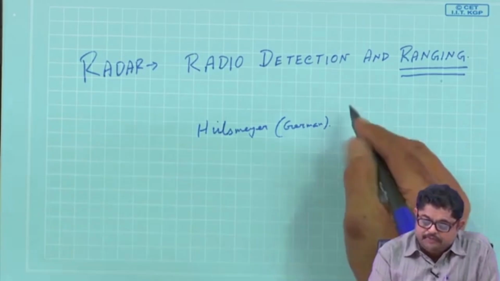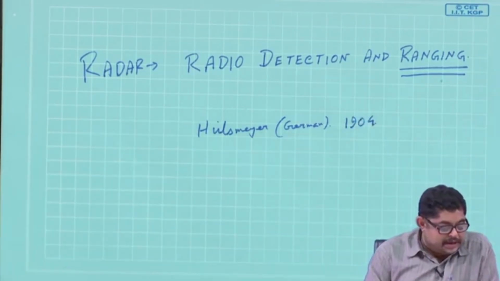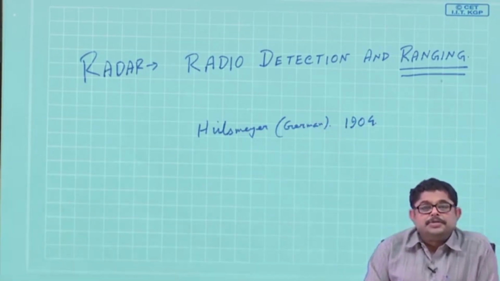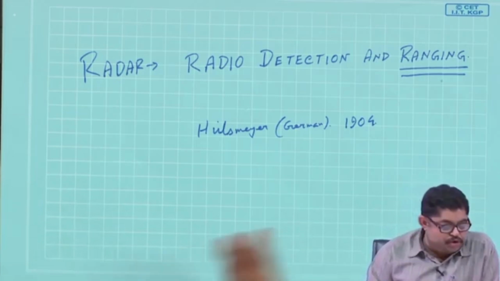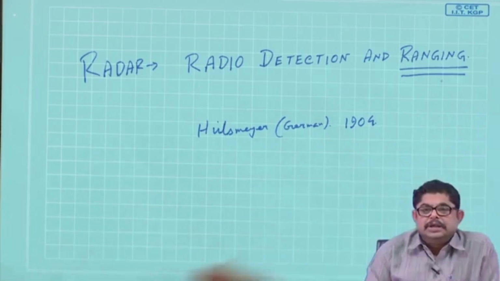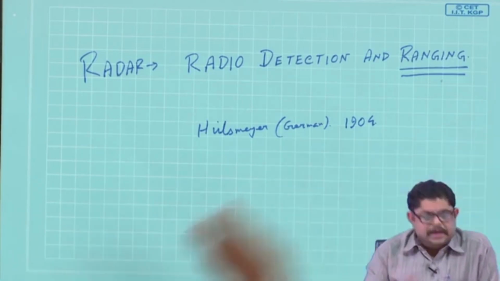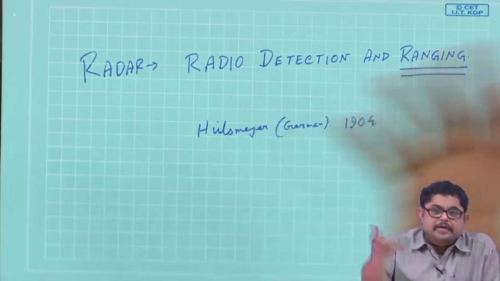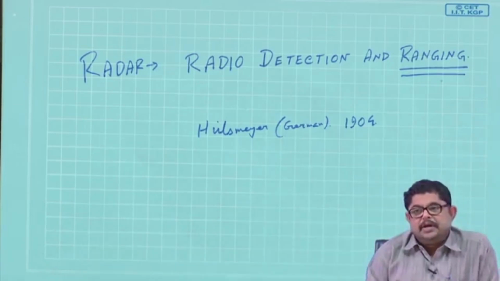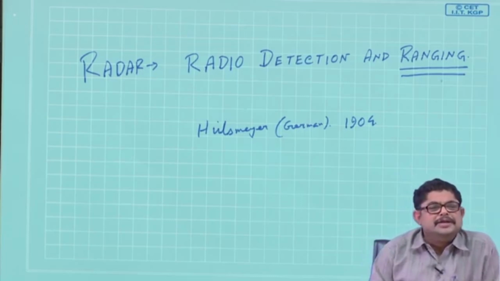In 1904 he made a patent on that, and he called it an obstacle detector. He approached the German Navy, and with his technique you could detect a ship up to 1 mile away. The German Navy did not show interest.